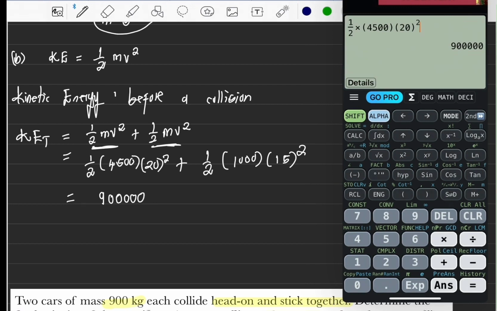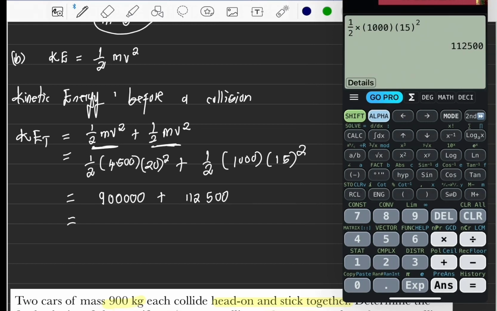Then we go on and calculate for the car: 1 over 2 multiplied by 1,000 multiplied by 15 squared, which is equal to 112,500.